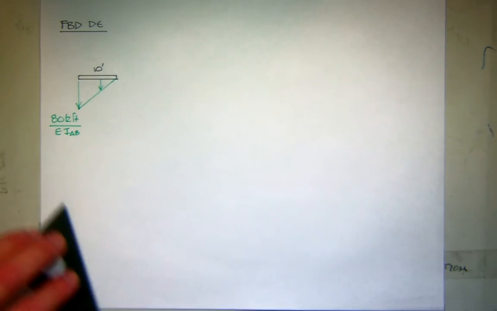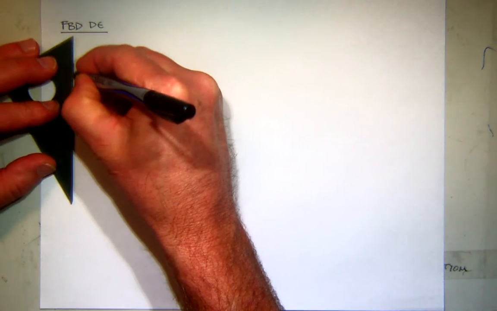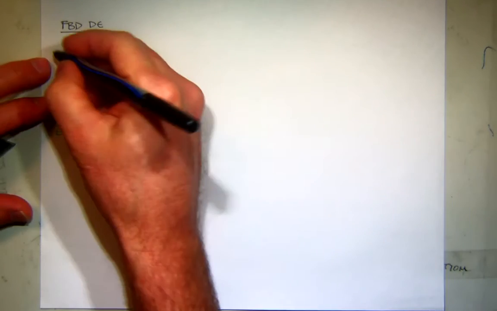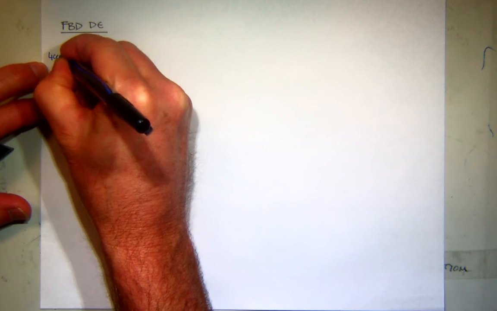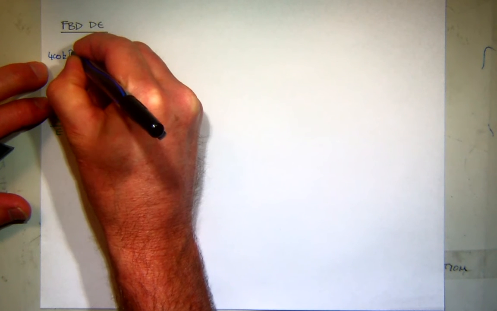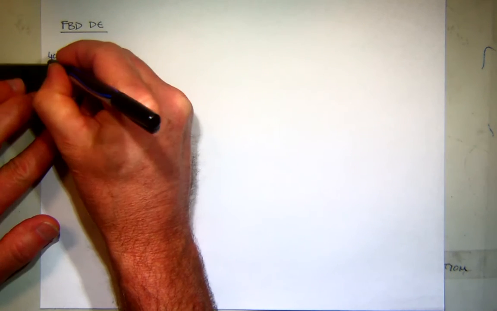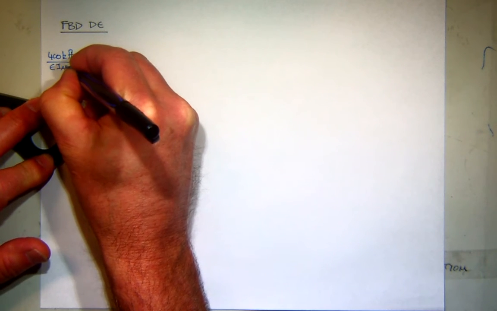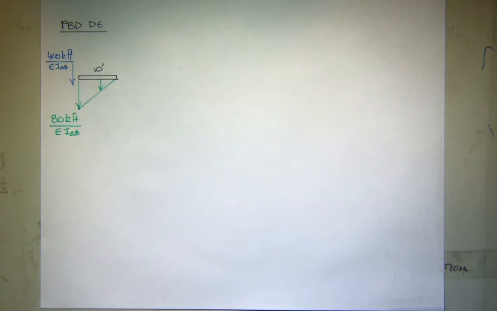So that means the shear is going to be down, right? And that will have a value of 400 kip-feet divided by EI_AB. So that's the value we got at D.